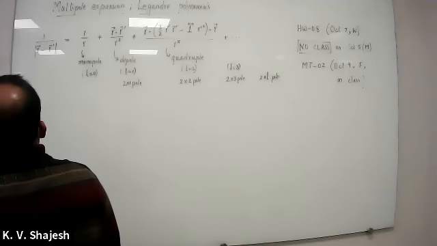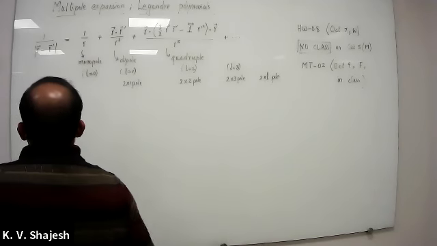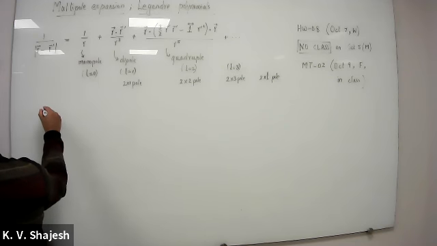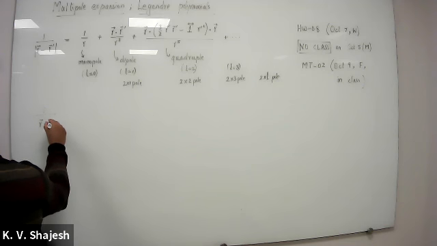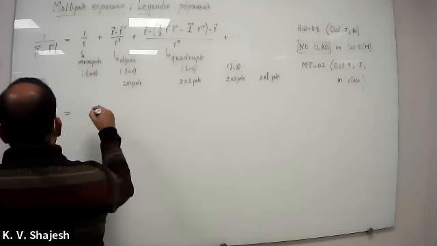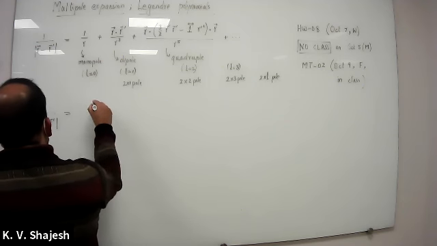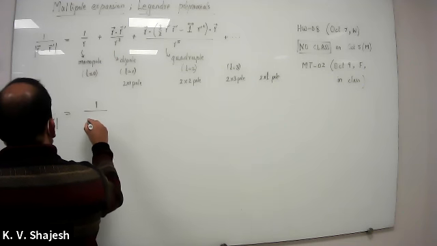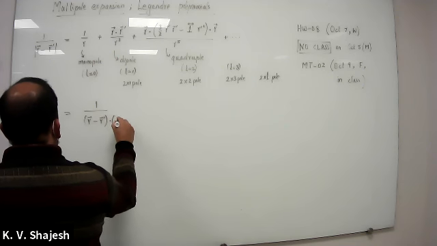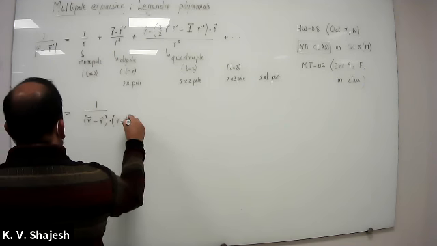So for that purpose, let's start over again with this left hand side. This is 1 over the magnitude of r minus r prime, which can be written as a square root: 1 over the square root of r minus r prime dotted with r minus r prime.